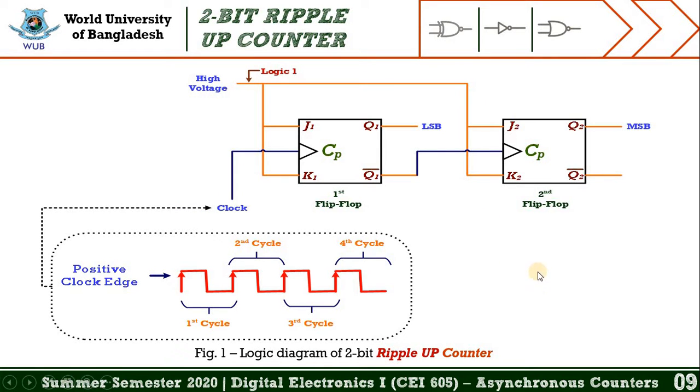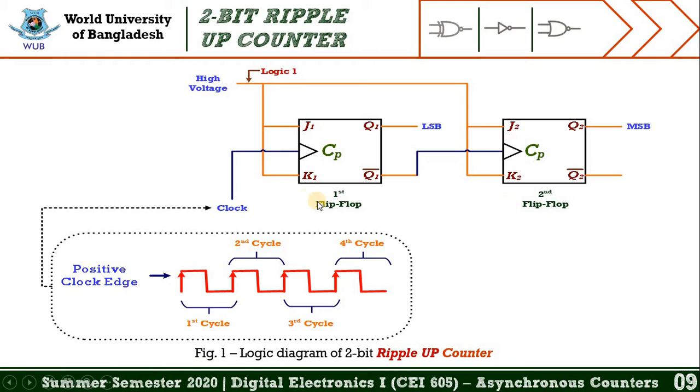This slide represents the logic diagram of the 2-bit ripple up counter, and if you look at the upper portion of this figure, you may find two JK flip-flops. One is the left one, which is named the first flip-flop, and another one is placed on the right side of this figure, which is named the second flip-flop.